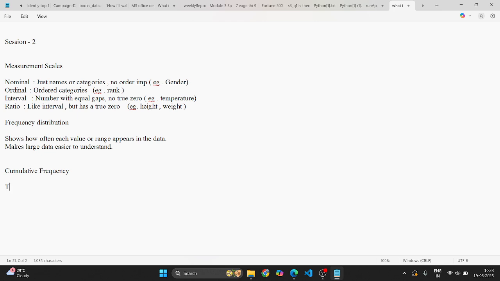It tells us how many values are up to a certain point, and it helps in building the curves.